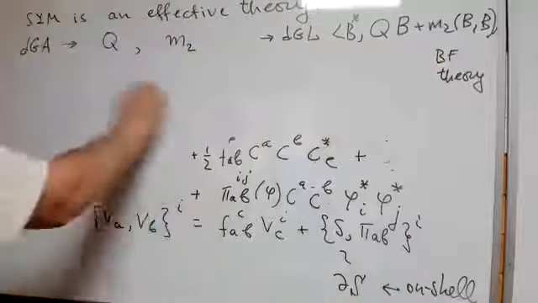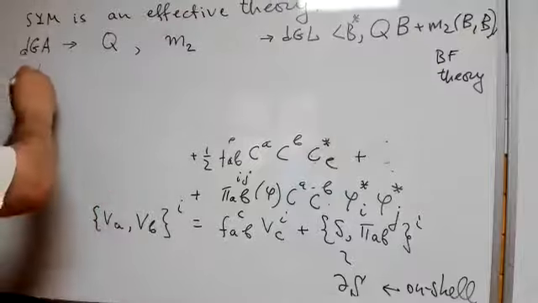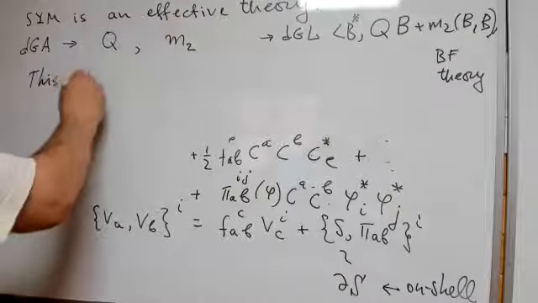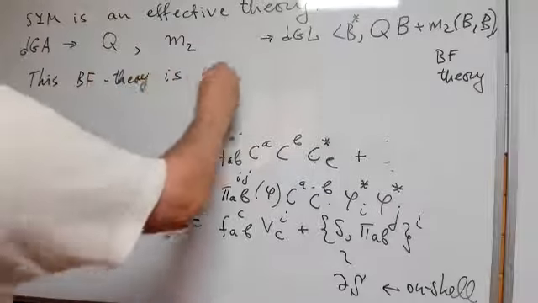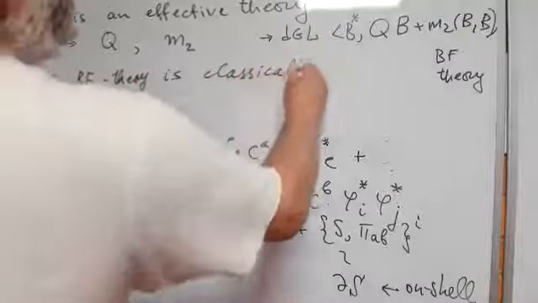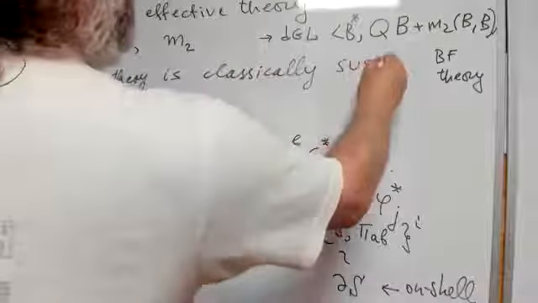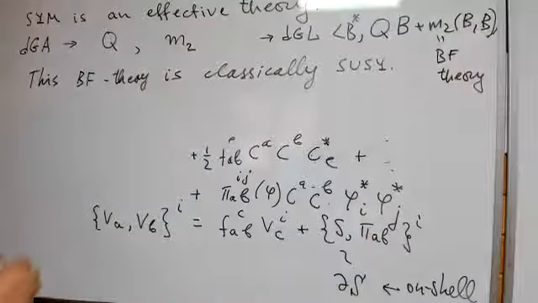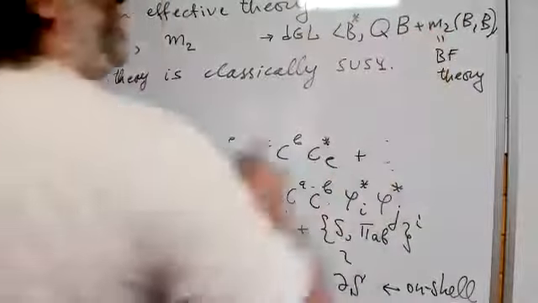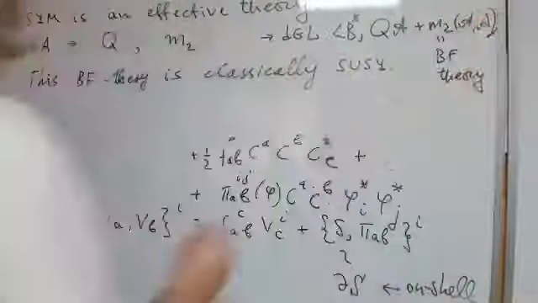Also, we will see that this BF theory is classical supersymmetric. You see, in this case, maybe it's better to write it not B, but A. So this A is not the gauge field.